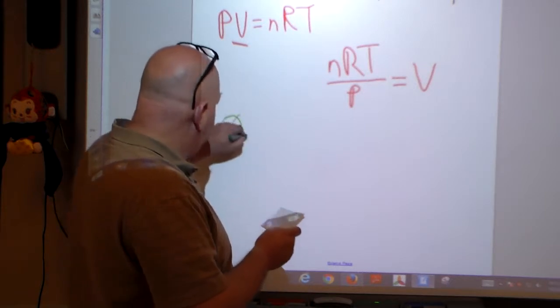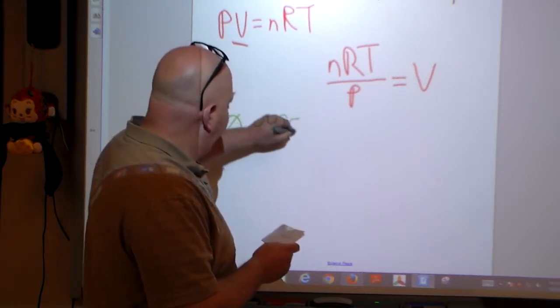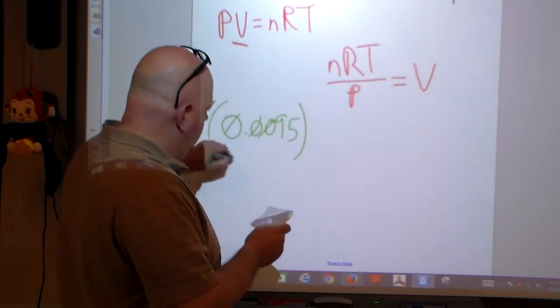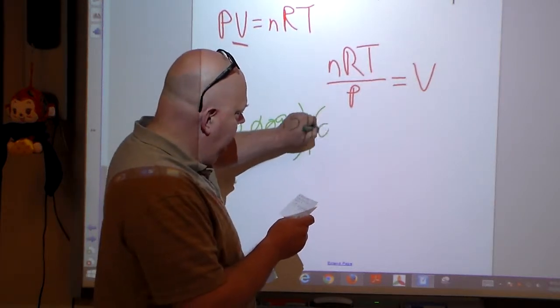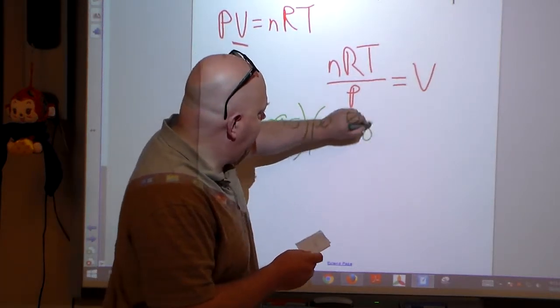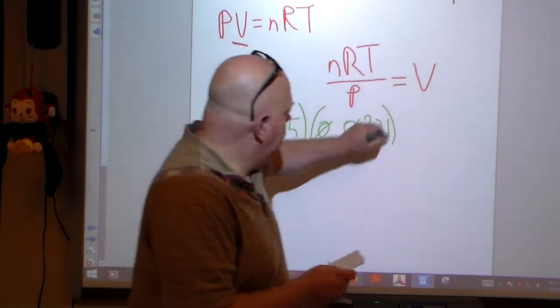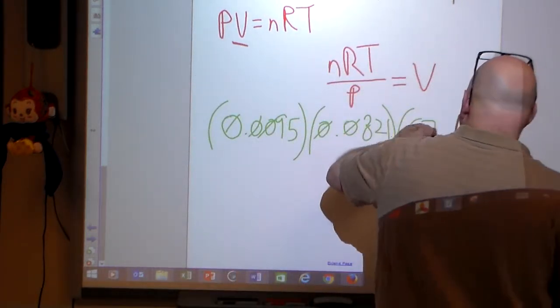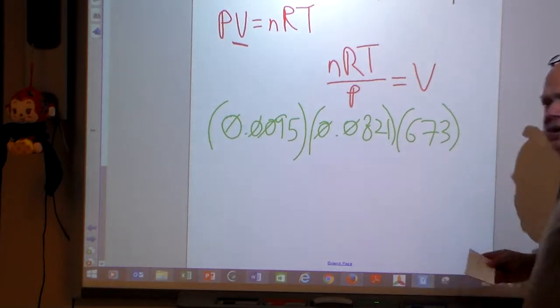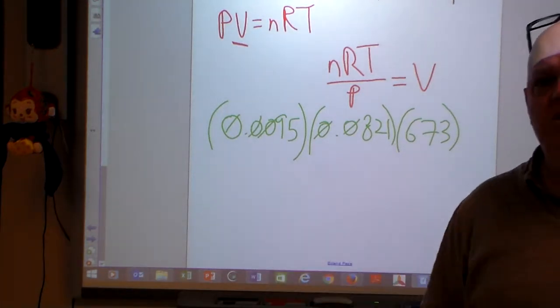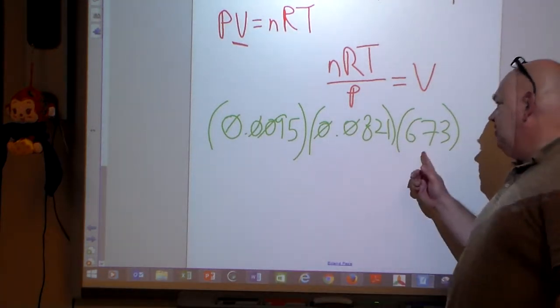Okay, so we got 0.0095, multiplied by 0.0821, multiplied by 673, because it's 400 plus 273, and the Bradster would approve.